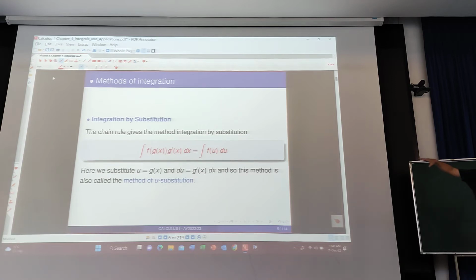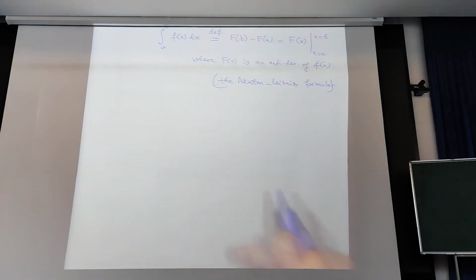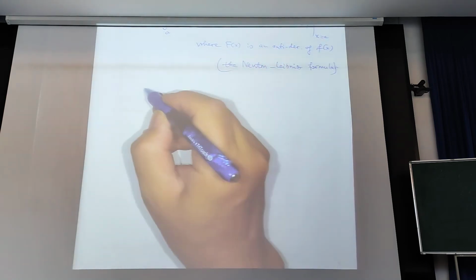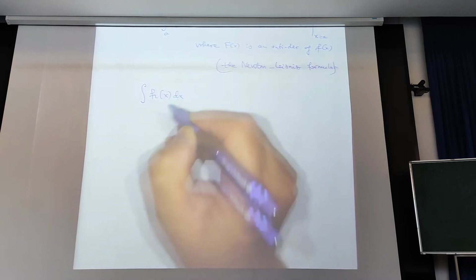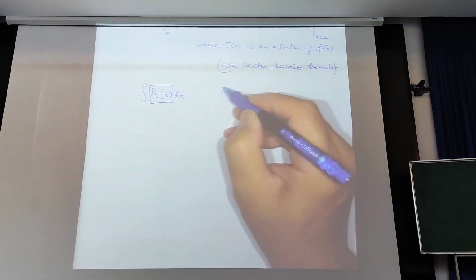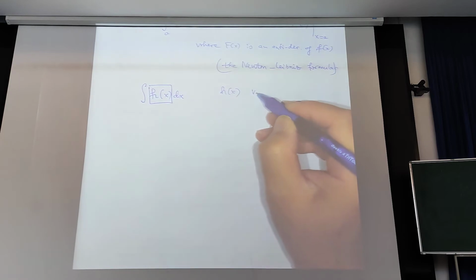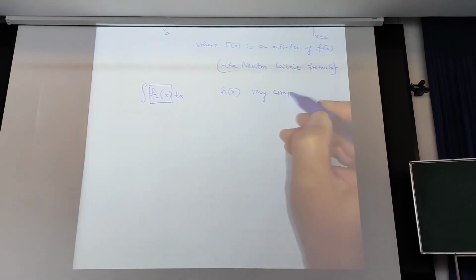If you look at the left hand side, you have variable x, but on the right hand side you have variable u. I will explain what and why we can do like that. So you see, suppose you have to compute some integral of h of x dx, where the function h of x is very complicated.